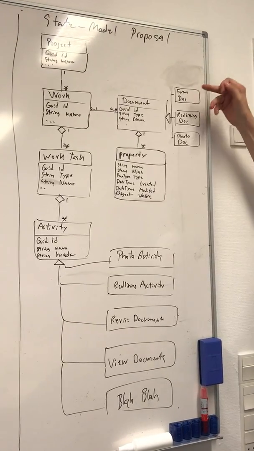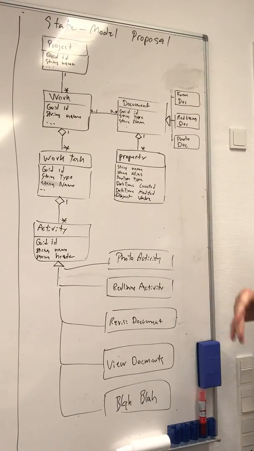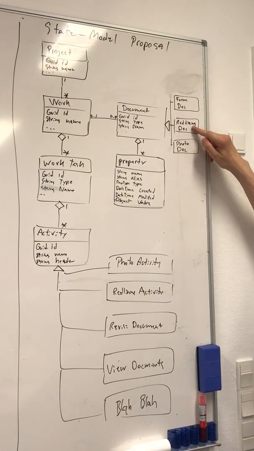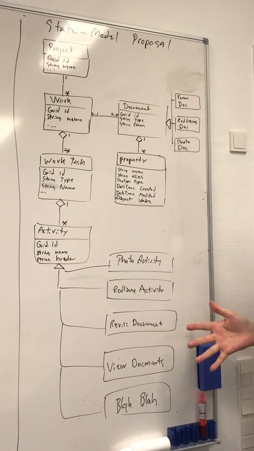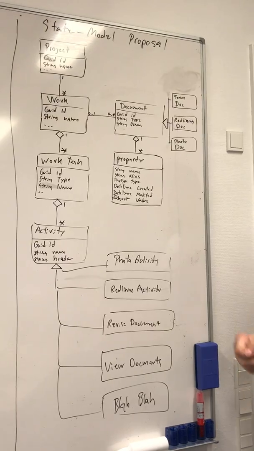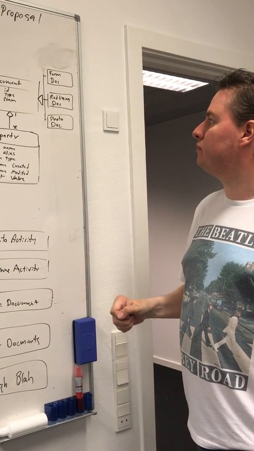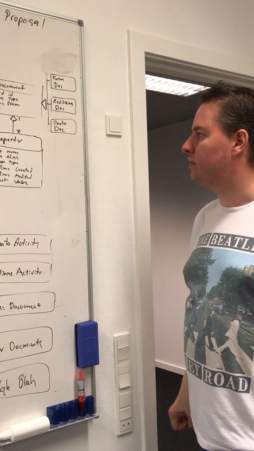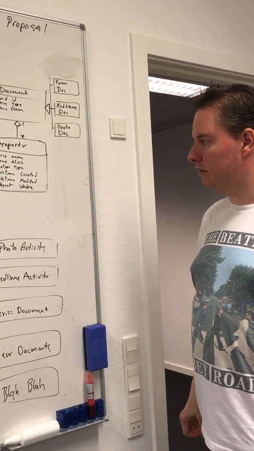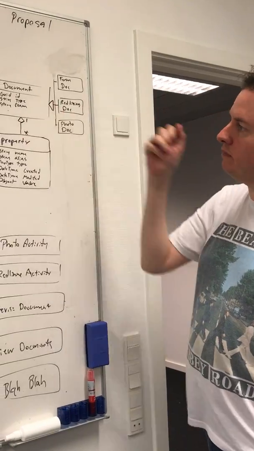This is a form document, just a normal document you can edit. And the redlining document is when you have drawn something on the map, specified something, put in a remark and stuff like that. And maybe we will have more in the future.